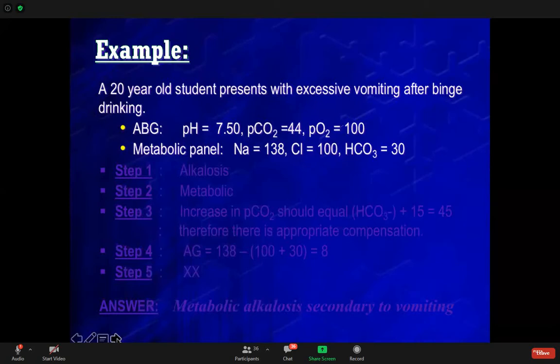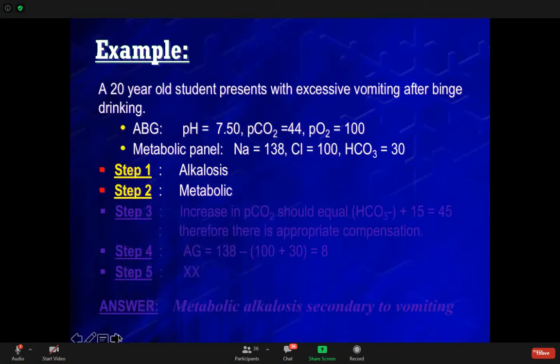Is it acidosis or alkalosis? It looks like alkalosis, pH is 7.5. The next step is to look at whether it's a primary respiratory or primary metabolic disorder. The pH rises and the PCO2 also rises, so they go in the same direction, which means it's metabolic.